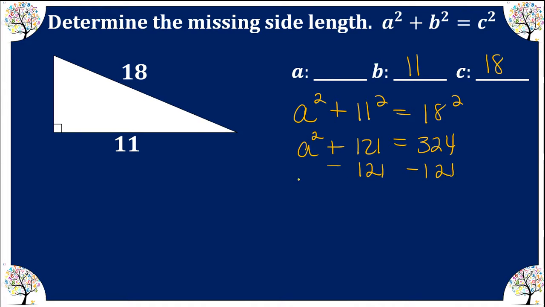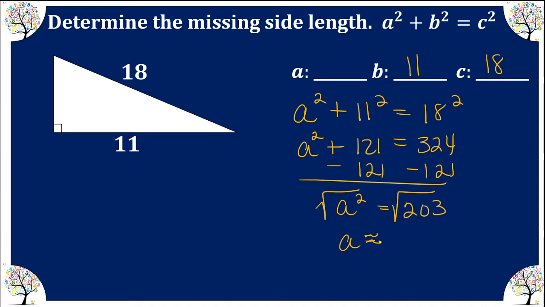Subtract out 121, and we're going to have 203. We're going to take the square root of both sides, and A is going to be not equal, but about 14.2. So A is about 14.2 units long.